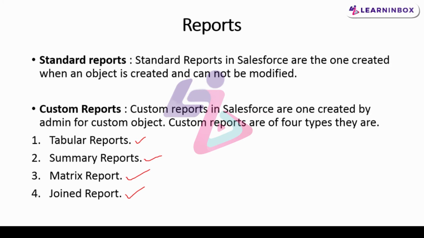The third one is the matrix report. So why are matrix reports important? They are used to group and summarize data by both rows and columns. So in matrix reports you get to use both rows and columns, and you can group and summarize your data by both.